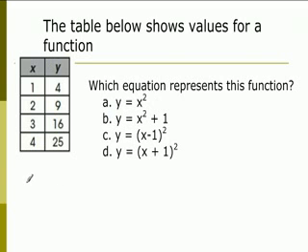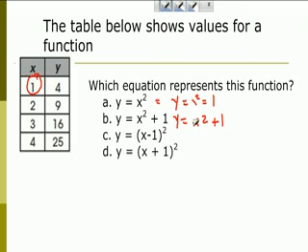So let's try. If x is 1, this would be y equals 1 squared, which is 1. Well, that's wrong because it's supposed to equal 4, so we know that one's not right. Y equals x squared plus 1.